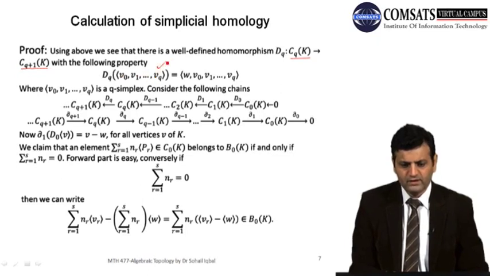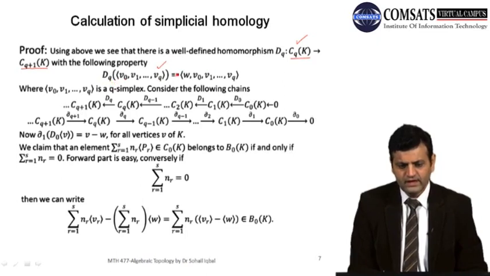If we have a Q simplex, so an element of CQK, then after applying this DQ, we just add W to this Q simplex. Of course, when we add one more vertex, it is an element of CQ plus 1K.